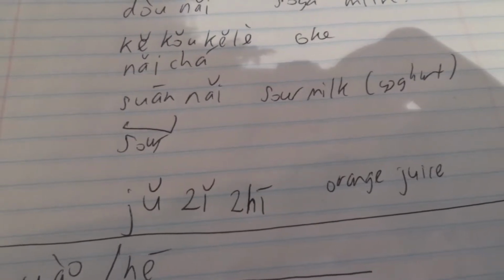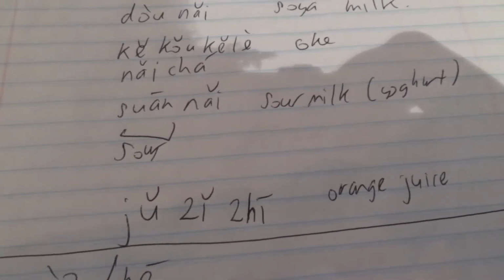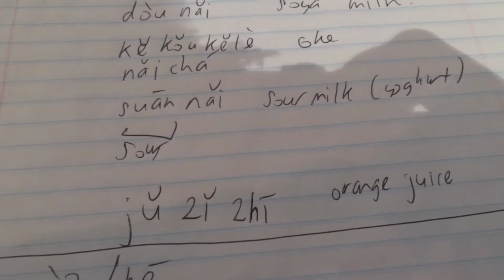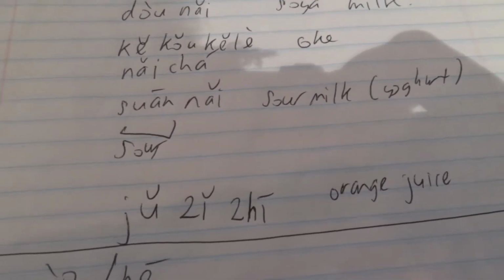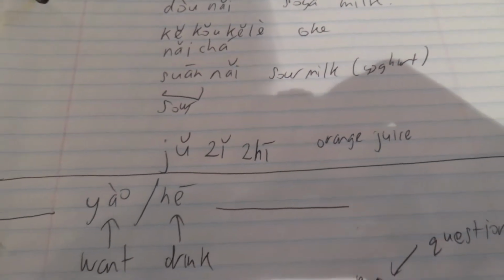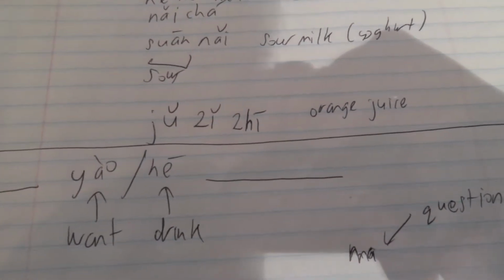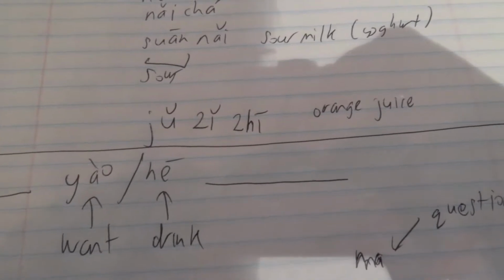Or you can say, do you drink sour milk? You can say 你喝酸奶吗? That means, do you drink sour milk?